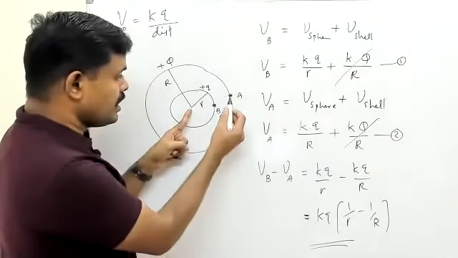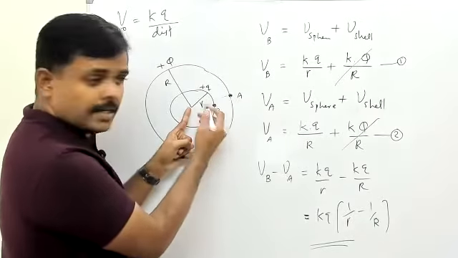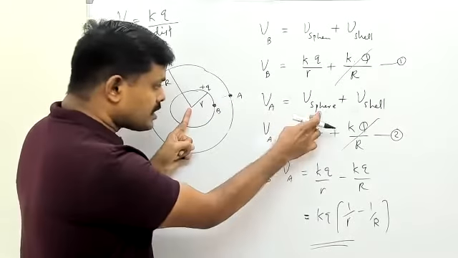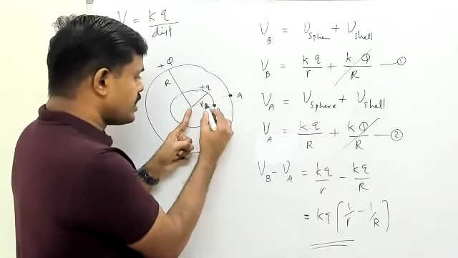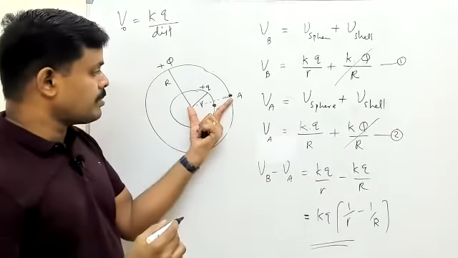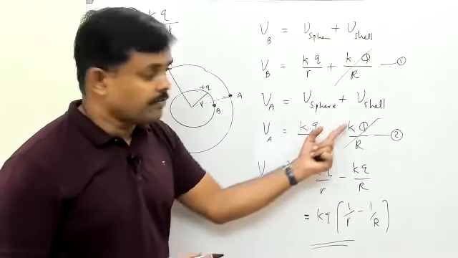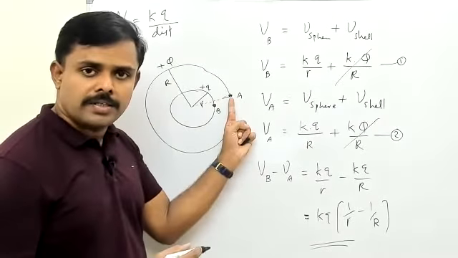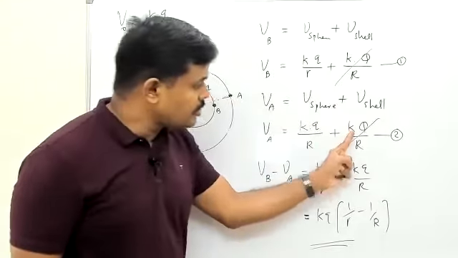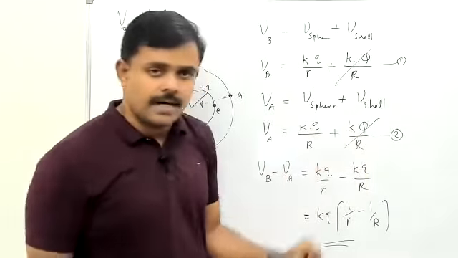Due to sphere, it's an outside point. How do you take? K into its charge, sphere's charge is q, divided by distance to that point, which is capital letter R. Plus for the shell, A is a surface point. How do we take it? K into its charge divided by its radius, KQ by R.